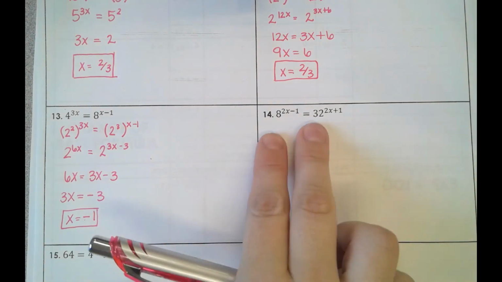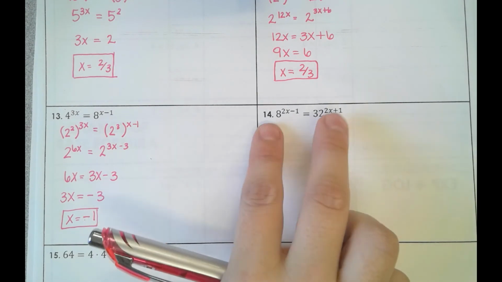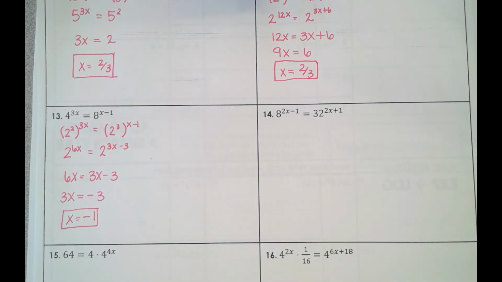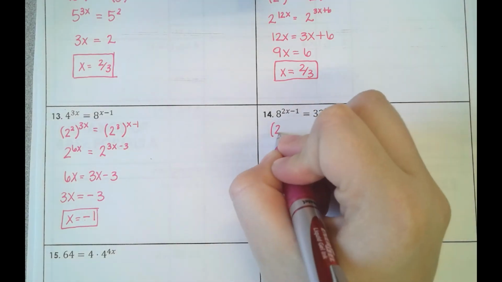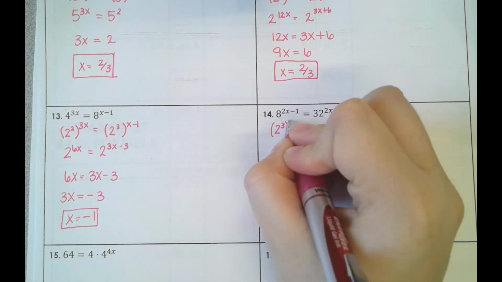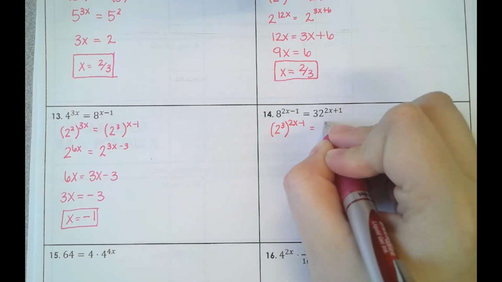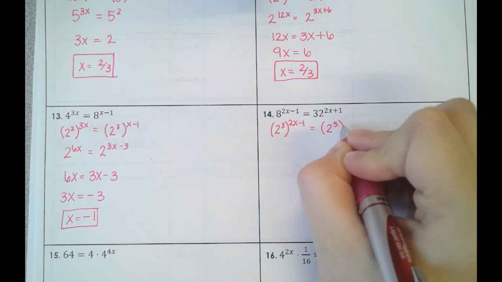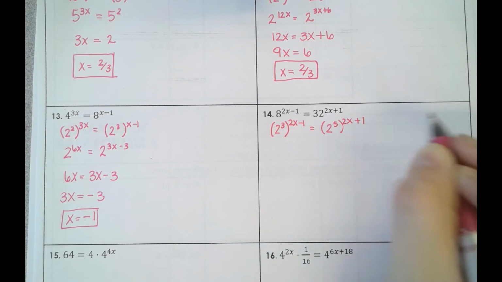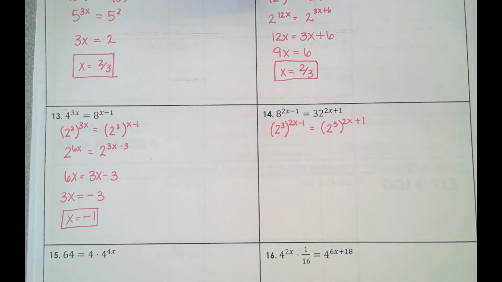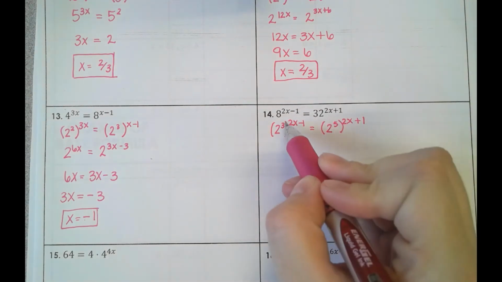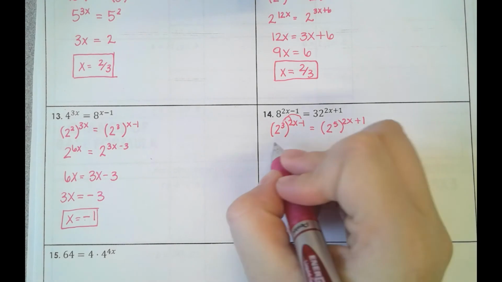All right, these two, they're going to have a base of 2 again. Yep. This is 2 cubed. 8 is 2 cubed. And 32 is 2 to the 5th. So then I just need to distribute this exponent.